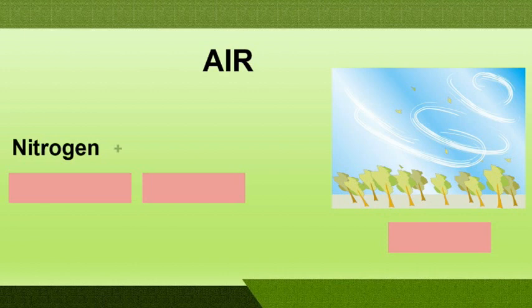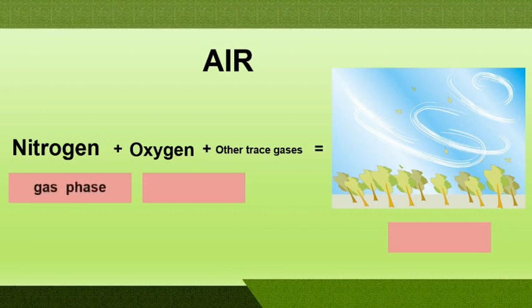Air is a combination of 78% nitrogen, 21% oxygen, and 1% other gases. Nitrogen is a gas phase. Oxygen is a gas phase. It means that air is a homogeneous mixture because it has only one phase.